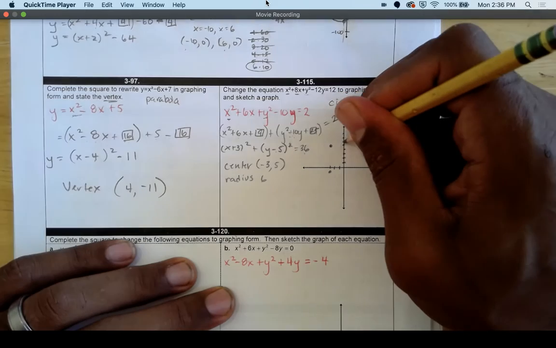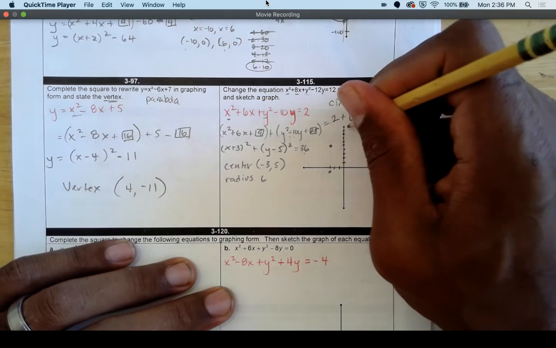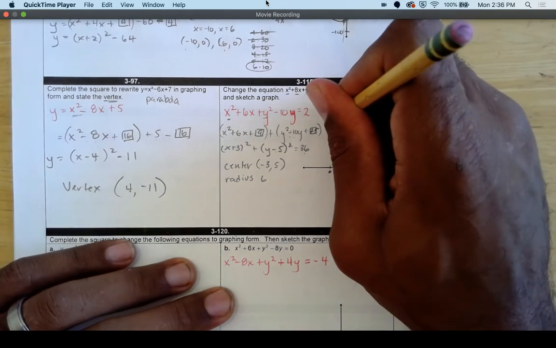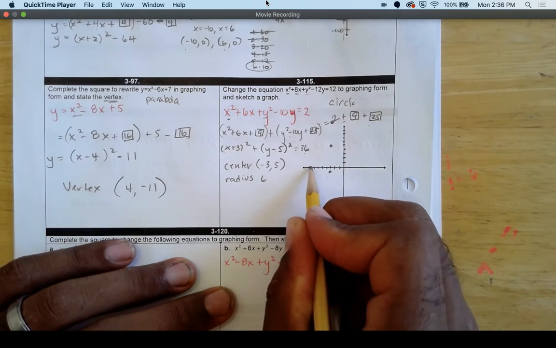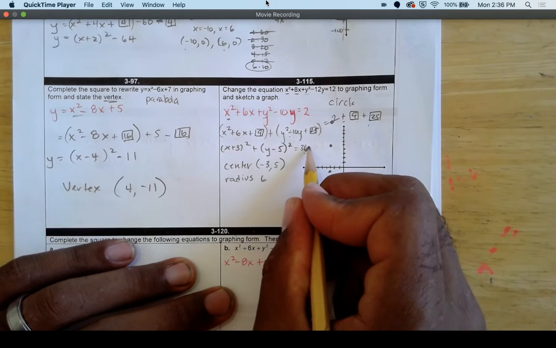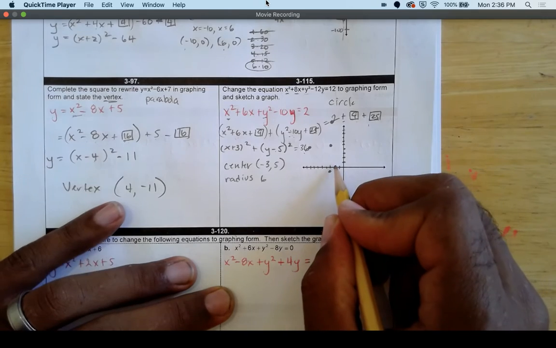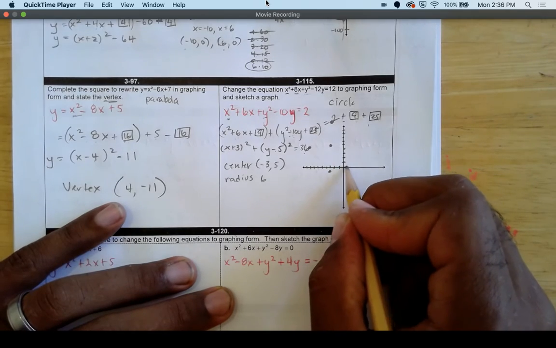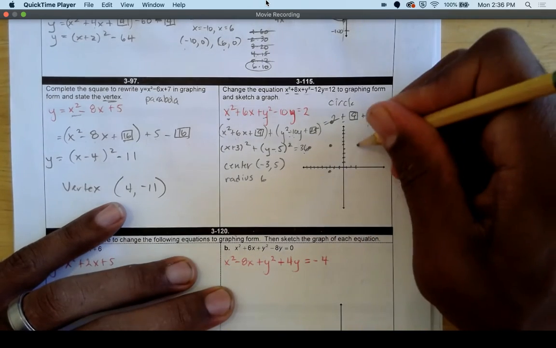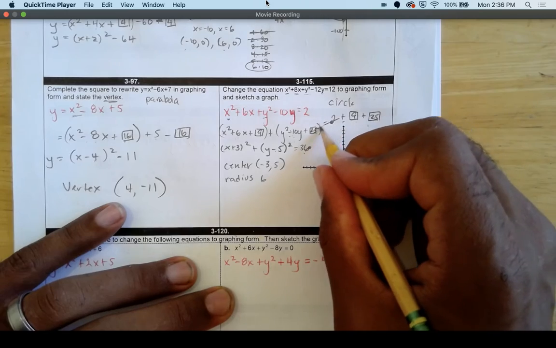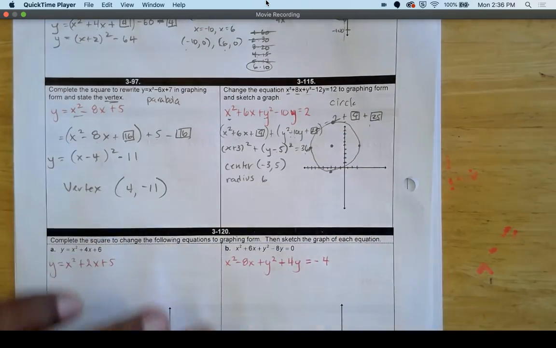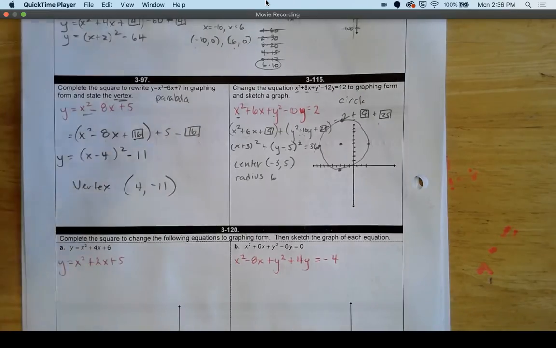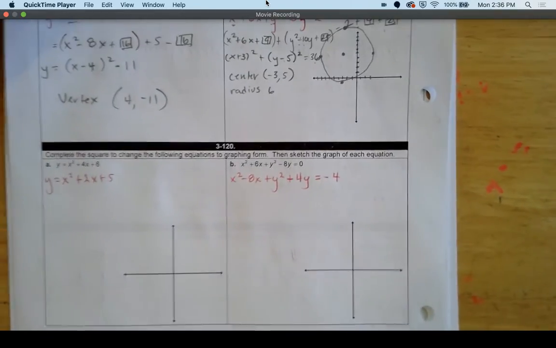It won't get in the way. So 1, 2, 3, 4, 5, 6 up there. And then 6 to the left, about right there. And then 6 to the right, right there. And then there's my lovely circle. Isn't it beautiful? No, it's not really, but it's okay. Try my best.